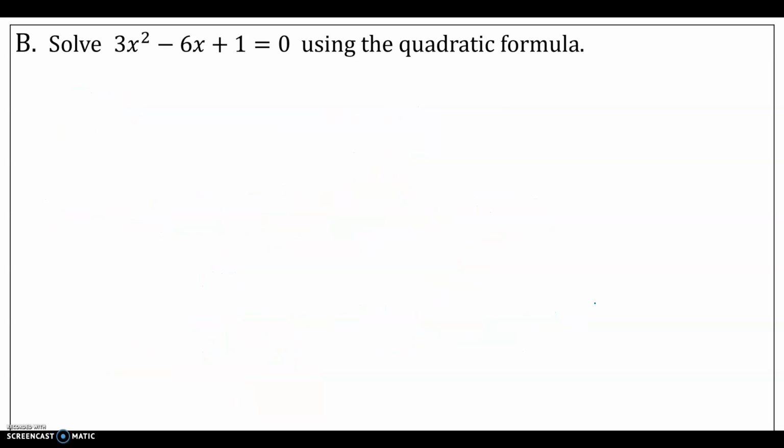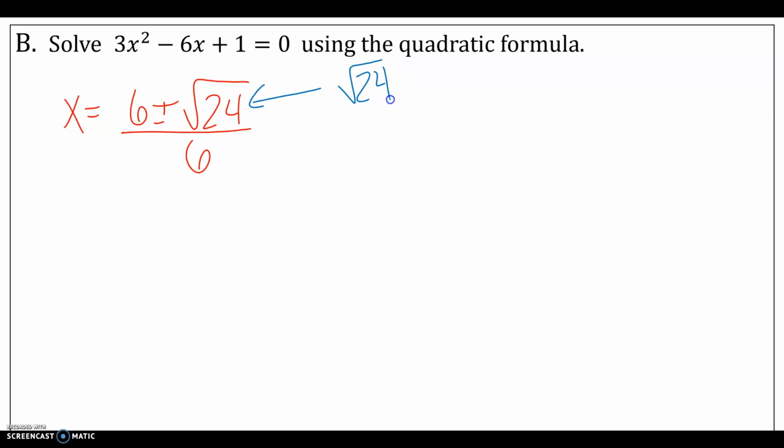Okay, so let me just recopy that answer one more time. Okay, so like I was saying, we need to break that apart. So if you think about it, the radical of 24 has the radical of 4 and the radical of 6. So this becomes 2 radical 6.